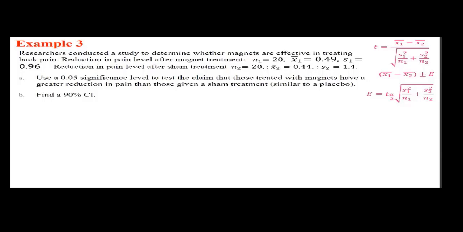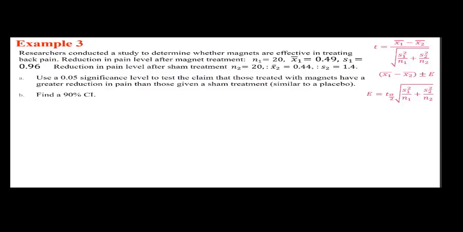As you can see, there's nothing about sigma 1 and sigma 2, so we cannot use the Z test. As far as the T is concerned, they don't say anything about assumption; they would have to say assume equal variances to use the formulas of the previous page. Since there is nothing about that, we use exactly what we did in the previous example. So let's go through the process.